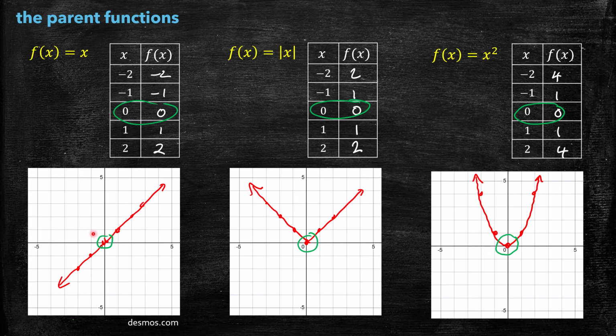But I'd like to just generically call this point the pivotal point. For y equals x, we can see that it's actually a point of symmetry. So if we took that line and spun it 180 degrees, it would just land on itself. So I'm going to refer to that as a pivotal point, and you'll see as we engage in more complicated transformations, the pivotal point will help us to graph efficiently and easily.